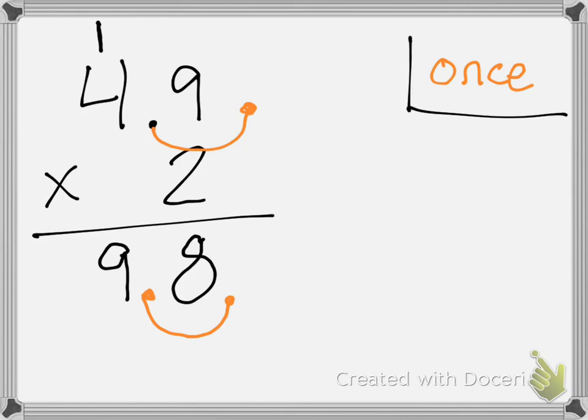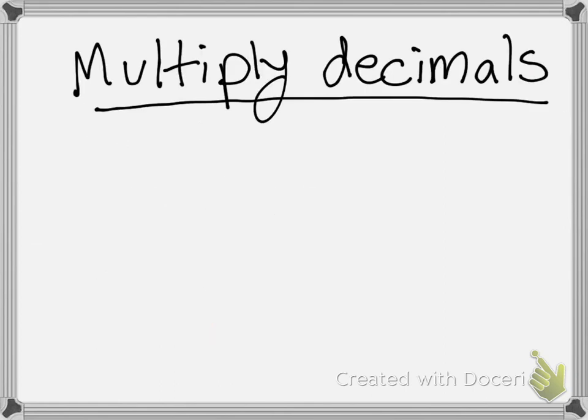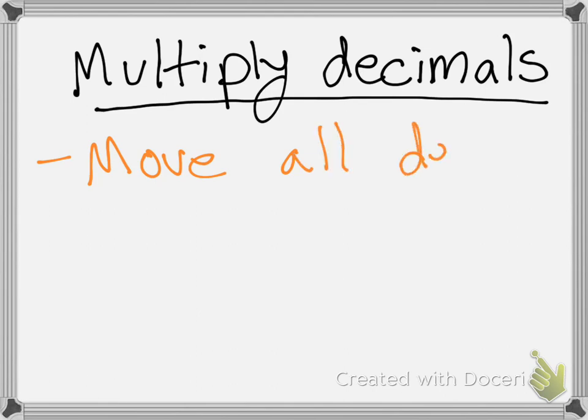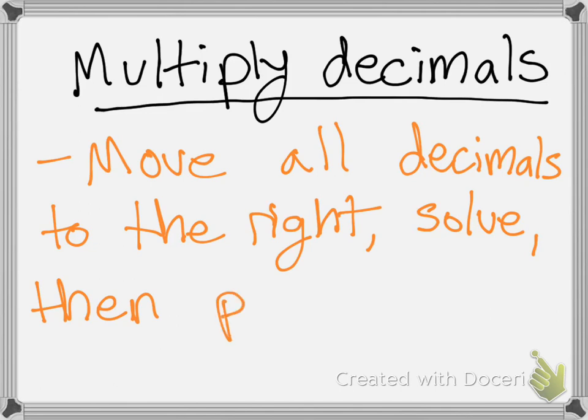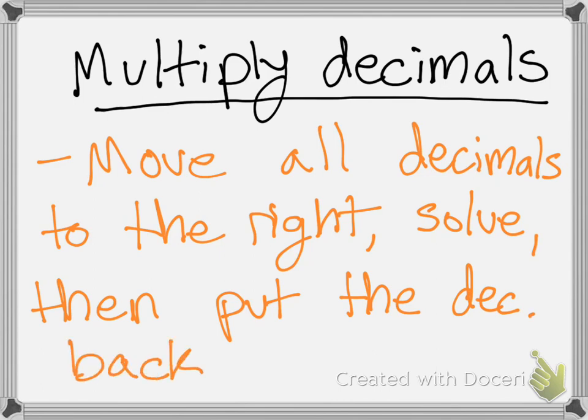Exactly. So on that previous slide, multiply decimals, the rule is: move all decimals to the right, solve, then put the decimals back.